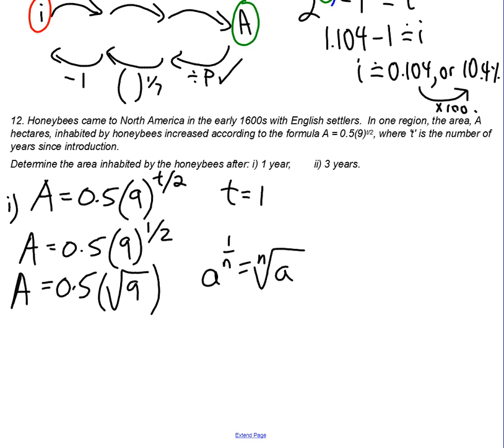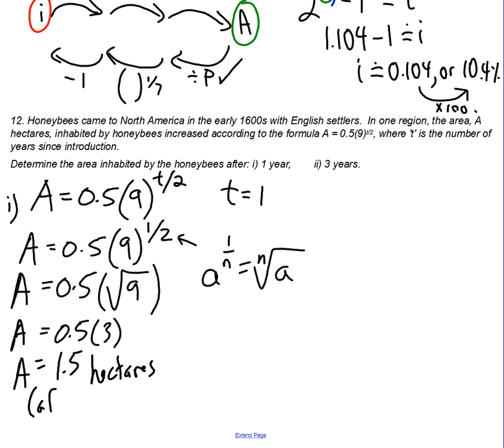So when n is 2, it's the square root. So half of the square root of 9 would be half of 3. So it would cover approximately 1.5 hectares of land after 1 year.